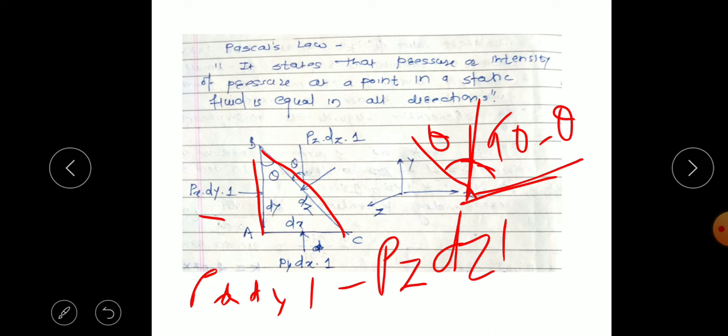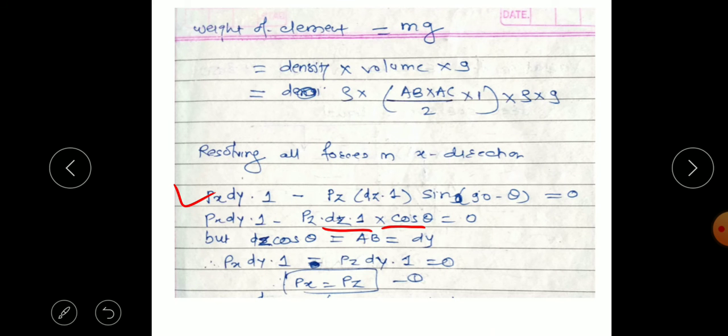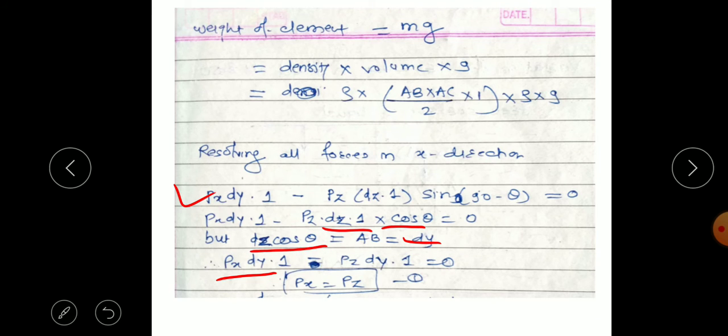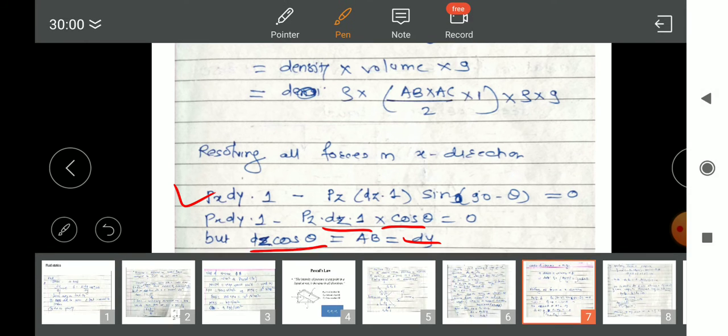So we can write dz cos theta as ab, that is dy. So replacing that we get px dy1 minus pz dy1 equals 0. So we get px is equal to pz. So we have shown that pressure in the x direction is equal to pressure in the z direction.